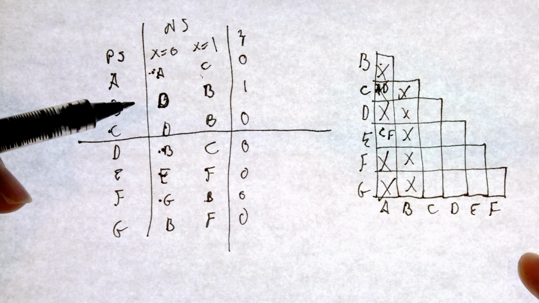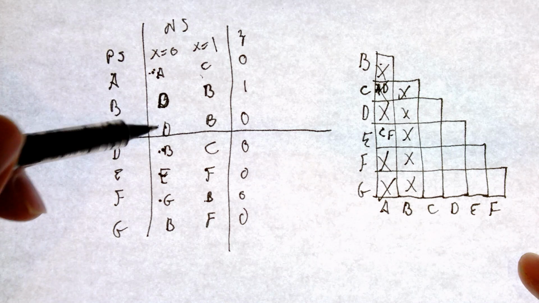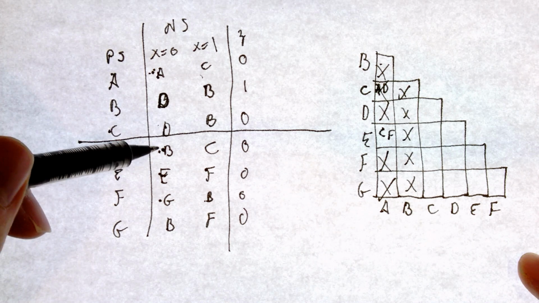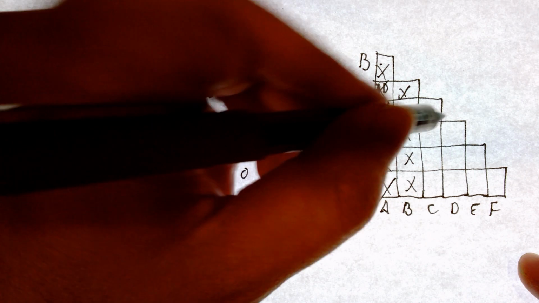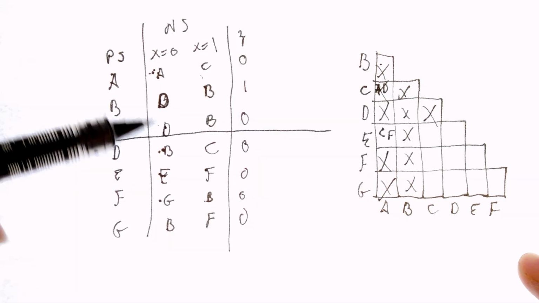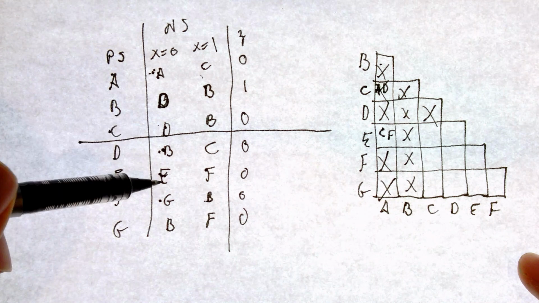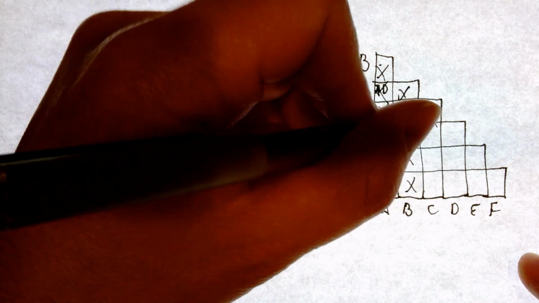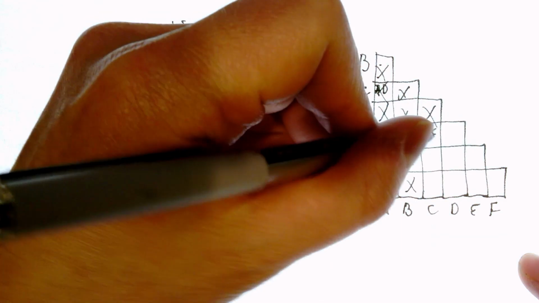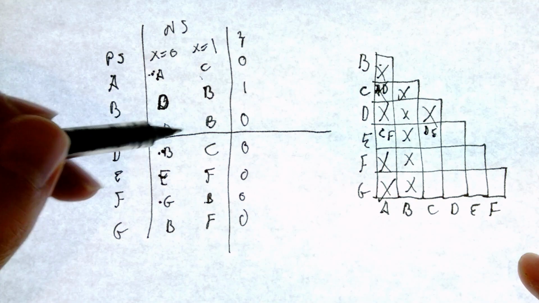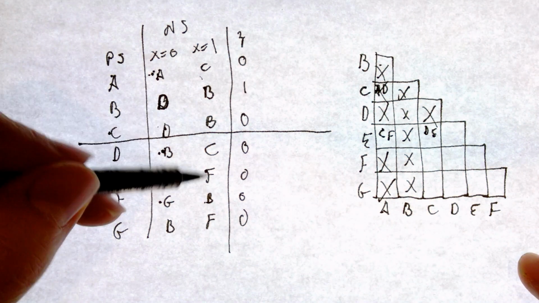So now let's look at CD. CD, that's BD. Well, BD is out, so that's no good. How about CE? CE is DE and BB.